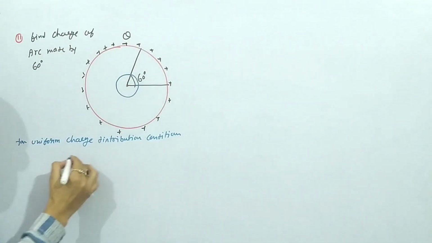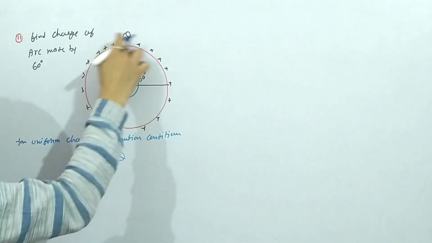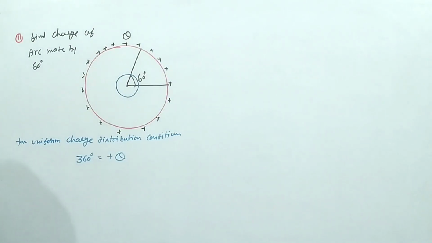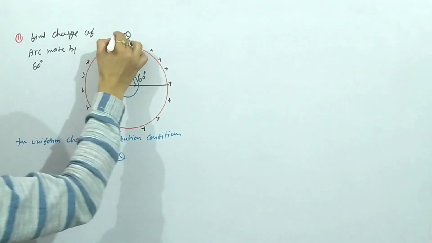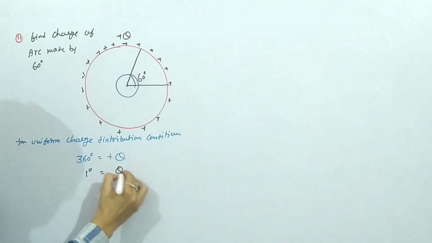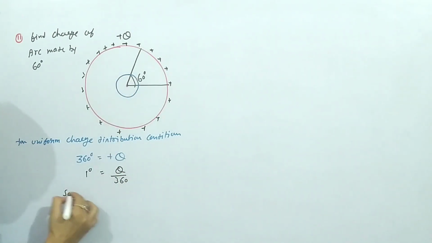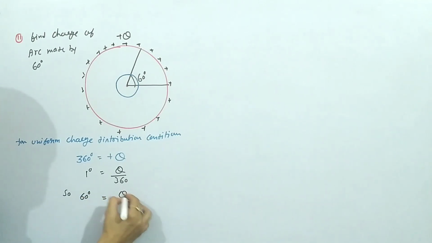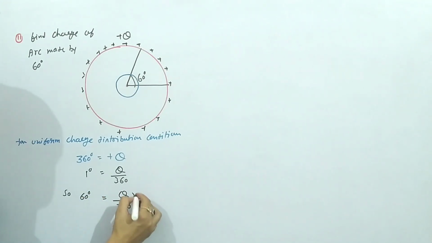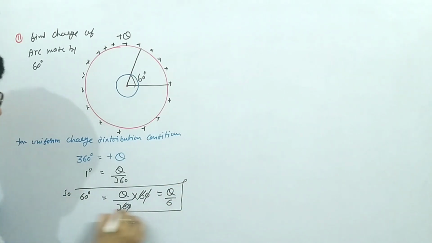When charge is uniformly distributed, 360 degrees equals plus Q, which we have given. So 1 degree equals Q upon 360. So 60 degrees equals Q upon 360 into 60, which is Q by 6. This will be the charge on this part.